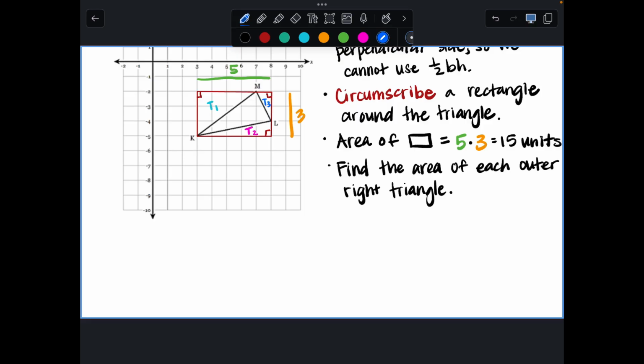So let's calculate first triangle 1. Triangle 1 has sides of 4 and 3. So this one is 6 units squared.